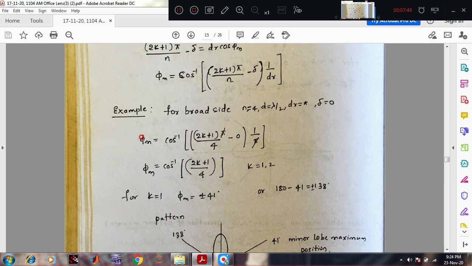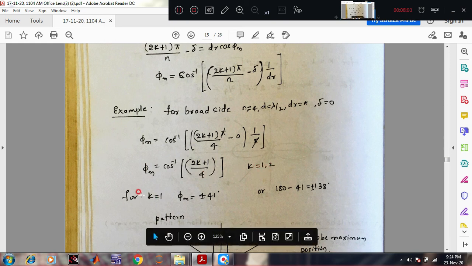That is φm is equal to cos inverse of ((2k+1)π/4 minus 0) by π, right? φm is equal to cos inverse of (2k+1)/4, where k ranges from 1 to, right? If I substitute k as 1, φm is equal to plus or minus 41 degrees, or else 180 degree minus 41, plus or minus 138.